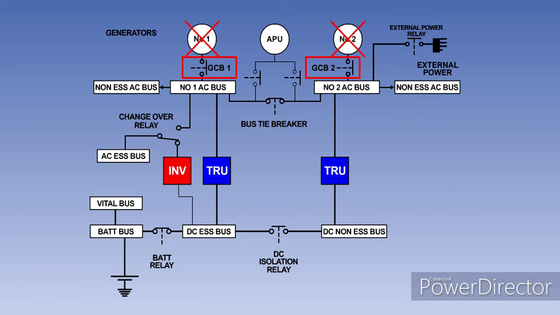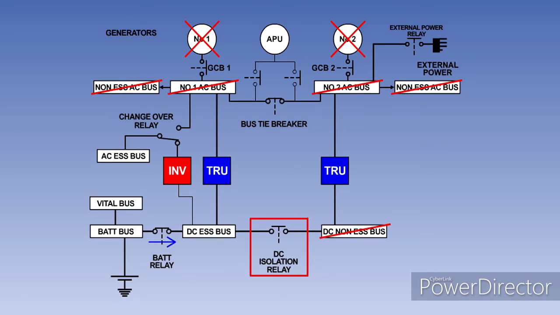If both engine-driven generators should fail, once again their generator control breakers will open, disconnecting them from their bus bars. The main AC bus bars and their associated non-essential bus bars will no longer be powered. The battery will power the DC essential bus bar through the closed contacts of the battery relay.